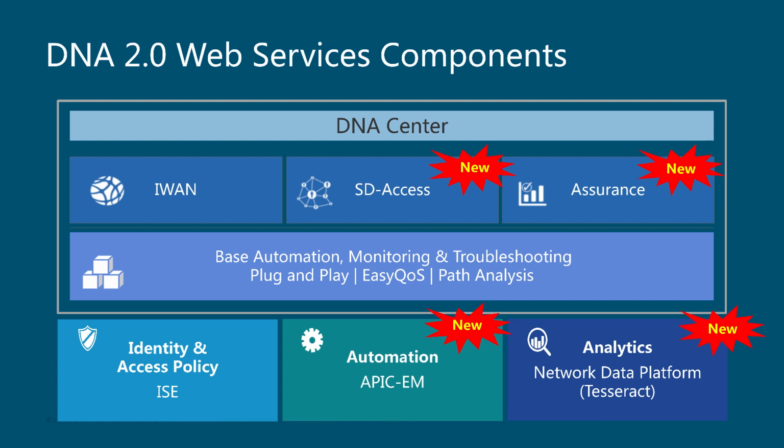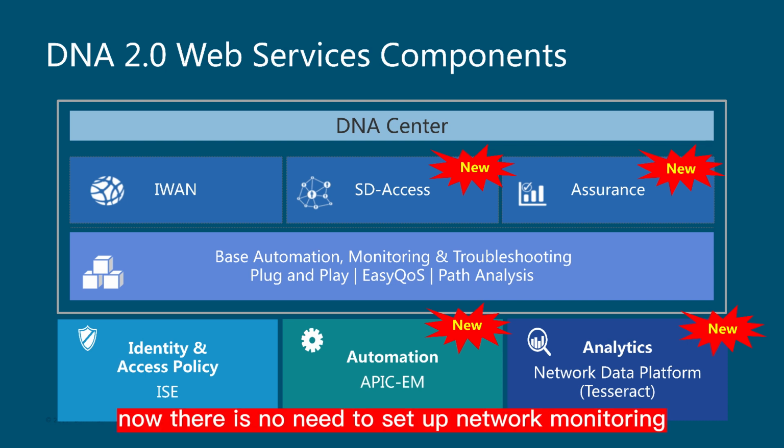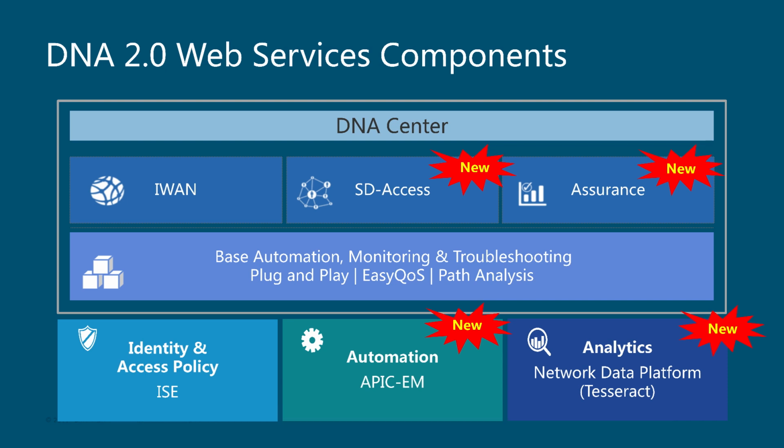Look down. Monitoring and troubleshooting. Monitor the health status of some devices in the current network, for example, device CPU usage, fan operation, etc. Give appropriate diagnostic opinion. That is, now there is no need to set up network monitoring for that fee-based service.